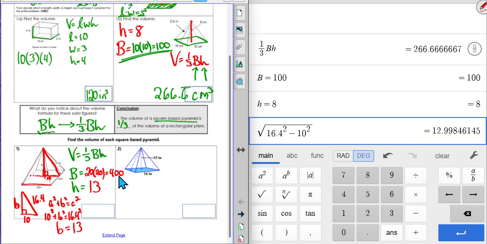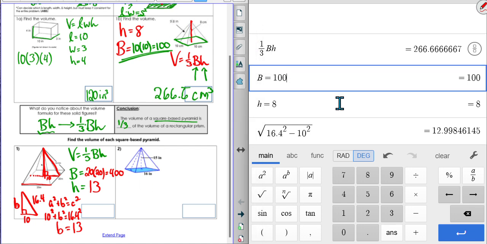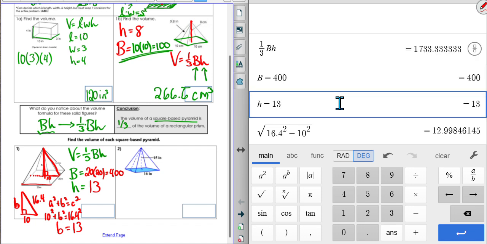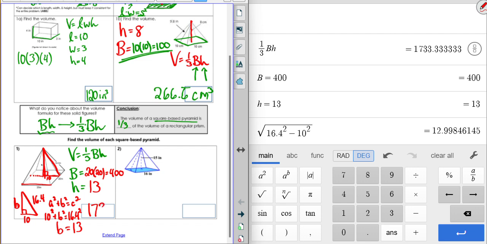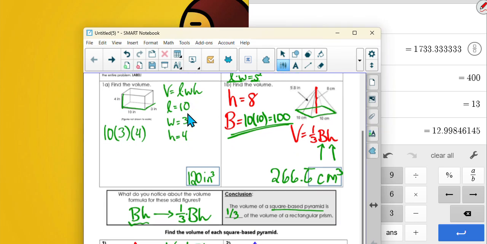So I have the area of the base. I'm going to change my area of the base to 400. I have the height. That's 13. So my volume is 1,733.3 repeating. And I cannot read those units, but it's going to be those units cubed.